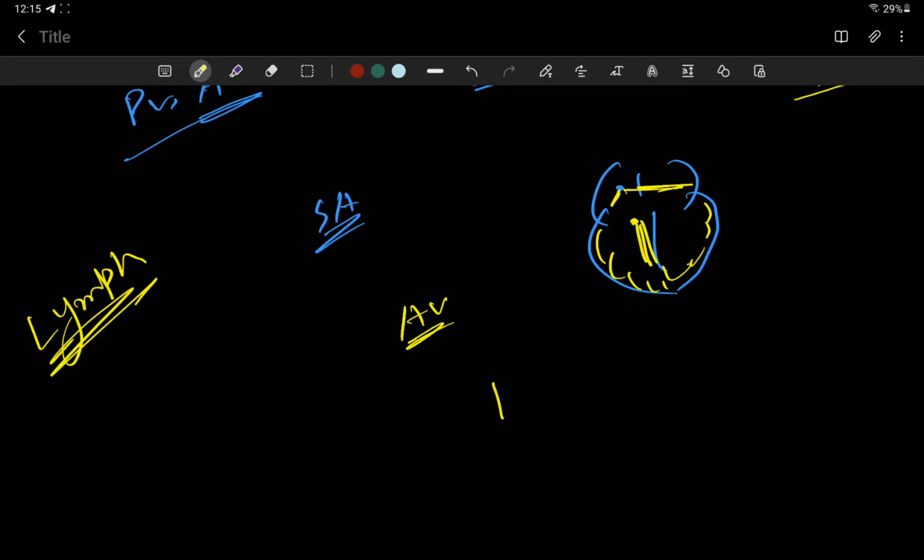It helps in formation of lymphocyte cells, and these lymphocyte cells play a huge role in our immune response. That's why lymph always plays an important role in our body. It is a complementary liquid: if the blood quantity in our body decreases, some of the lymph will be converted into blood, and if the blood quantity increases, then some of the blood will be converted into lymph.